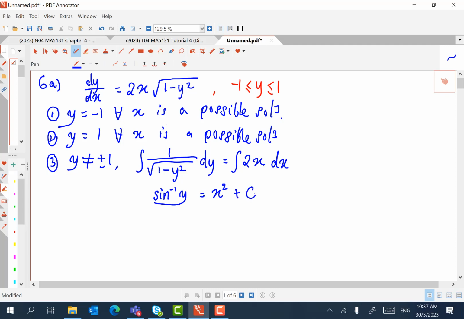So therefore, you have three general solutions: 1, 2, or 3. This is 6a. So 6a requires you, in finding the general solution, to break into 3 parts.